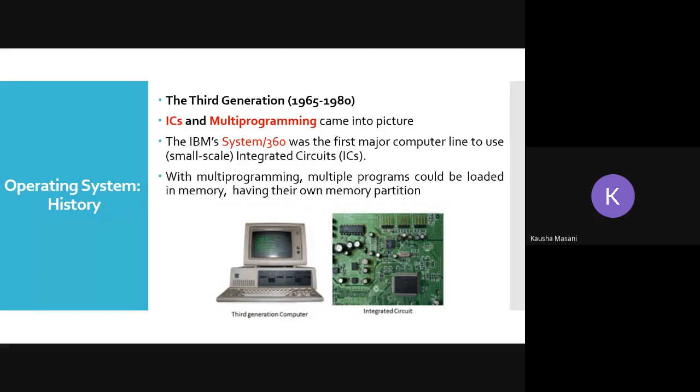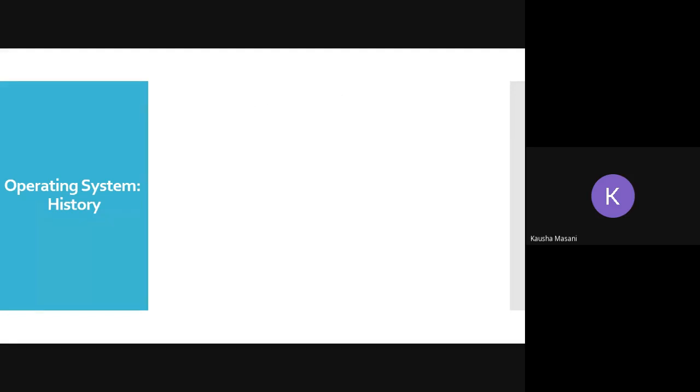Now, the next generation, which came after 1980, was your fourth generation. So 1980 to 2010 was the era of the fourth generation. Now here, can anyone tell me, apart from IC, what came in the fourth generation that we are categorizing them here? PC. Very large scale.